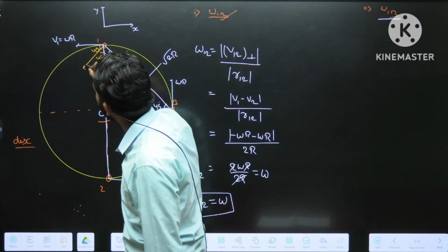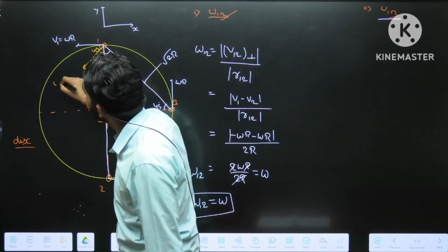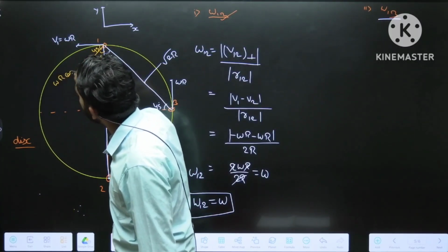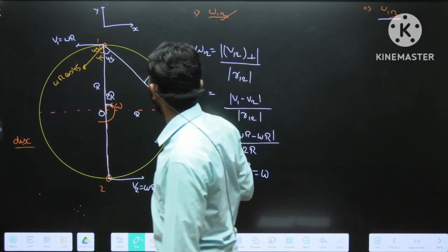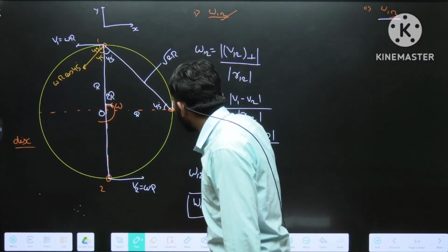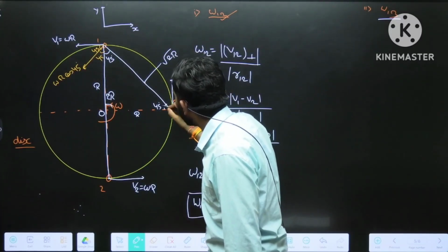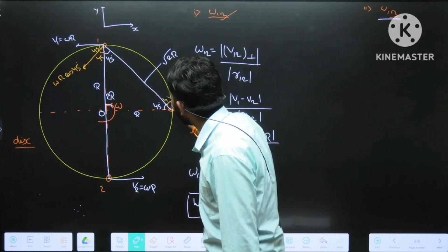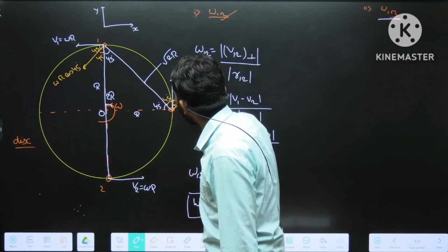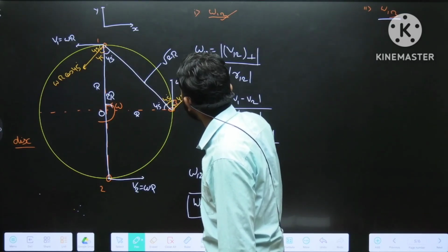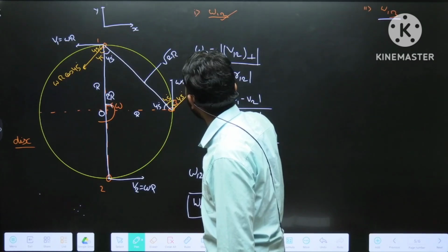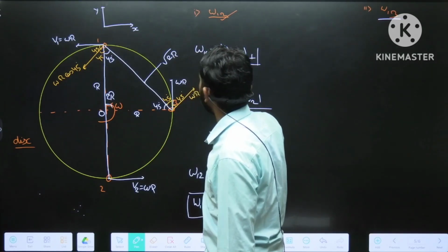Now tell me, this component of velocity will be omega r cos 45 degrees, right? Take its component also. If this is 45, this angle will also be 45 degrees. So this velocity will also be omega r cos 45 degrees, right?